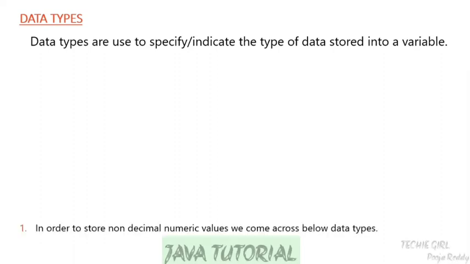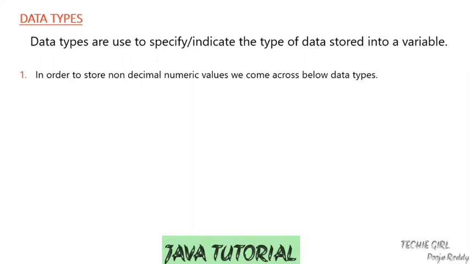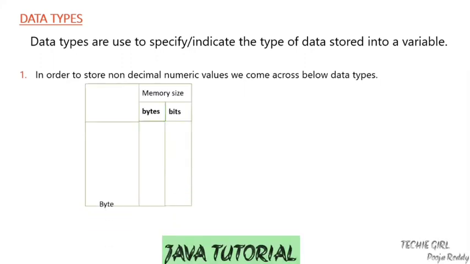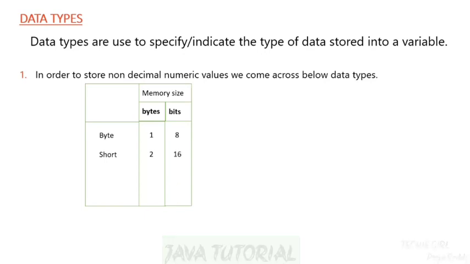So in order to store non-decimal numeric values, we'll come across a few data types. Byte can store non-decimal numeric value of 1 byte, which is equal to 8 bits. Short can store 2 bytes, which is equal to 16 bits.